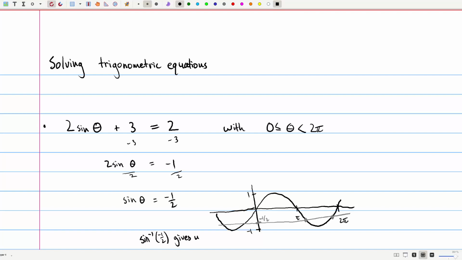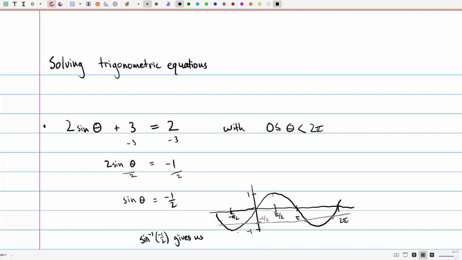Remember that the way that we get an inverse sine function is that we restrict our function to pi over 2 on the positive side and minus pi over 2 on the negative side. So we restrict to here.